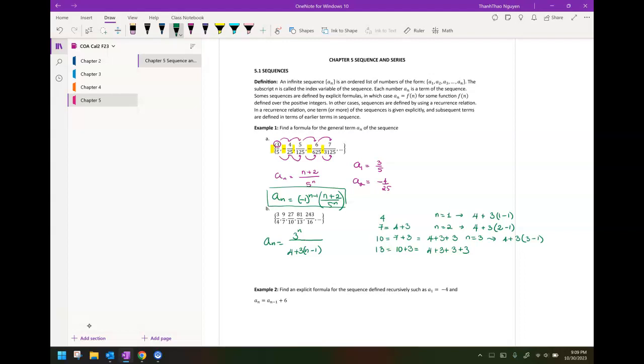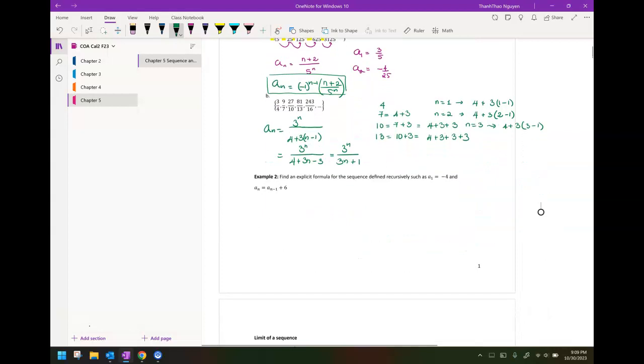So let's simplify this. 3 to the n divided by 4 plus 3n minus 3. We distribute the 3 over. So 3 to the n over 3n plus 1. So that is a sub n.